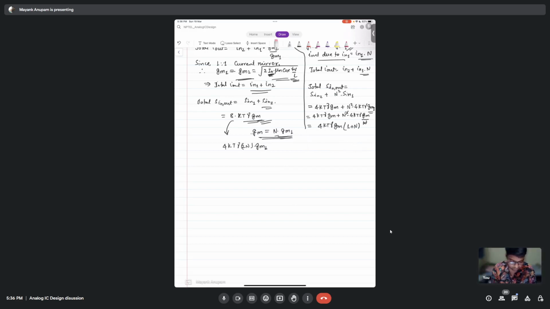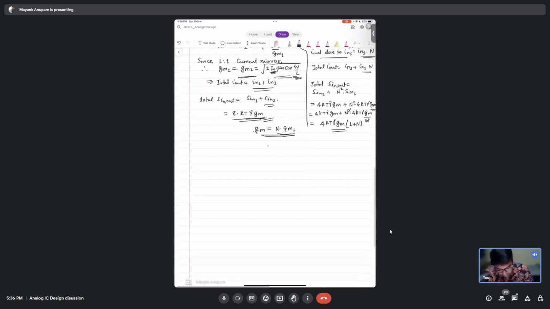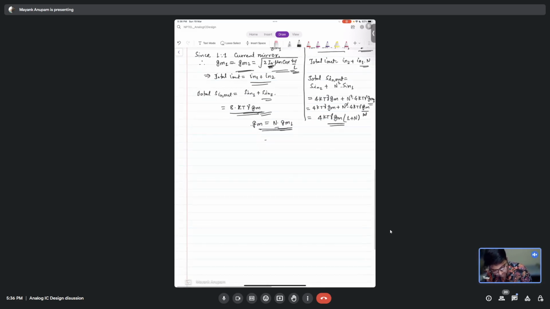Is this clear? Yes, sir. Fine. And here what do we have? Here we have 8kT gamma gm. Here we have 4kT gamma gm times n plus 1. So compare both of these. This gives you 4kT gamma times 2 times gm, and this gives 4kT gamma gm times 1 plus n.